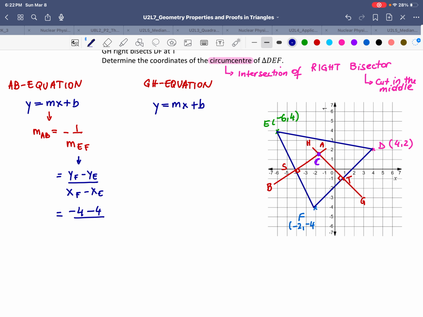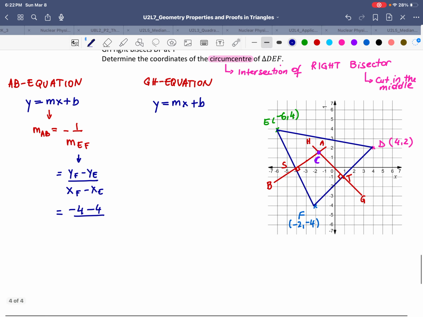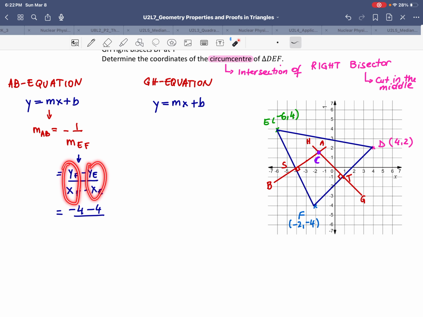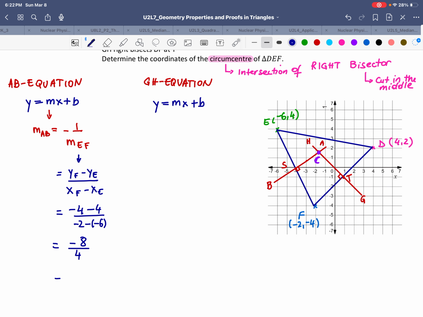It's important that we follow the correct order, and that they are aligned. So the numerator is negative 8. In the denominator we have two minuses, which make a plus: negative 2 plus 6 is positive 4. So the slope of EF is negative 2.